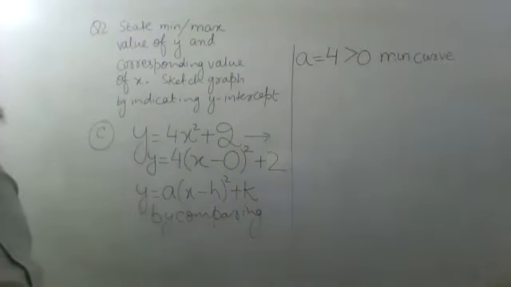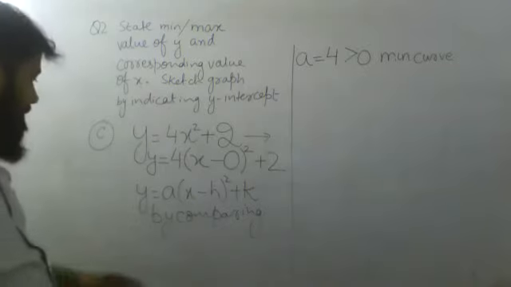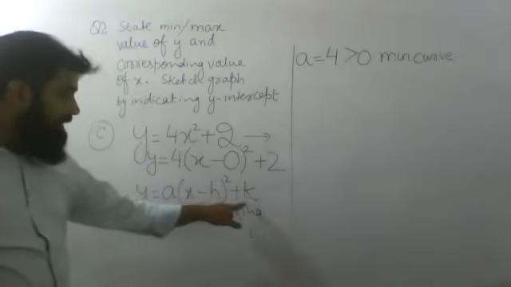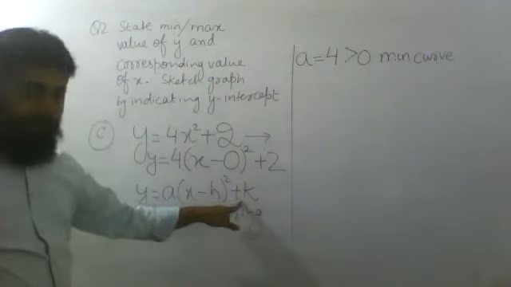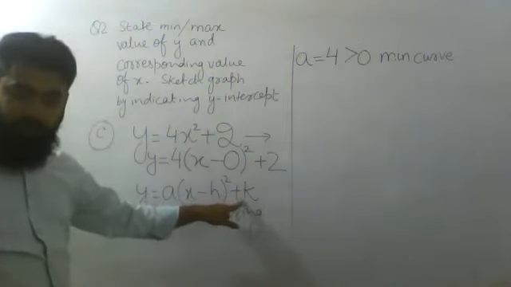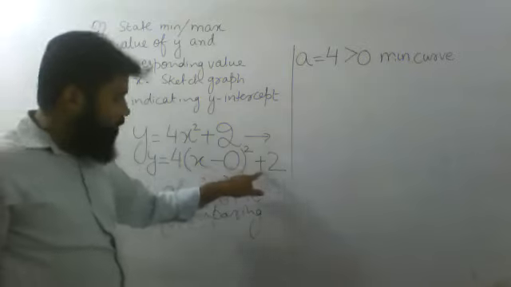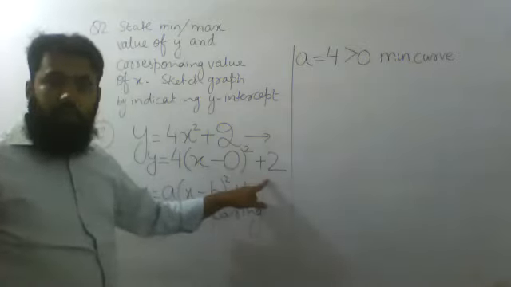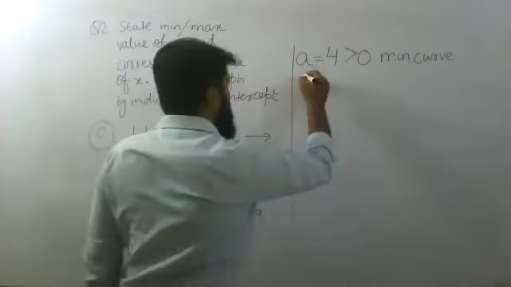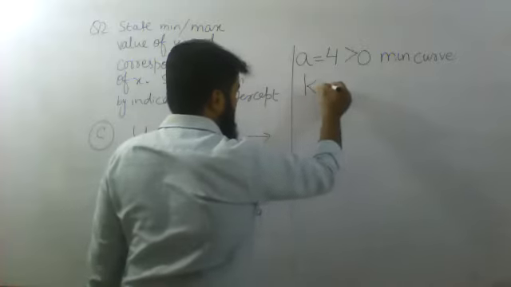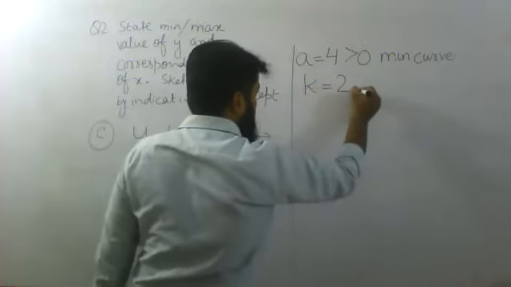After that, we have something added or subtracted outside the bracket. So outside the bracket, what is written? K. Over here outside the bracket, what is written? 2. So k is 2.